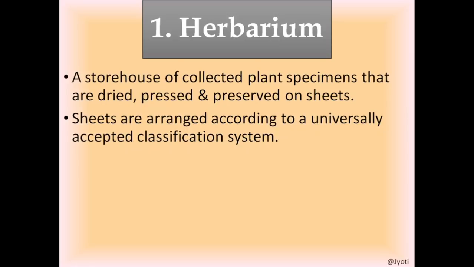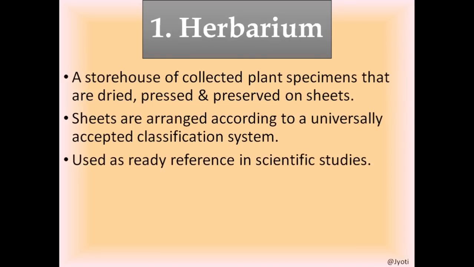So you cannot arrange these sheets randomly. You have to arrange them in a universally accepted classification system. And this herbarium can be used as a ready reference in scientific studies.